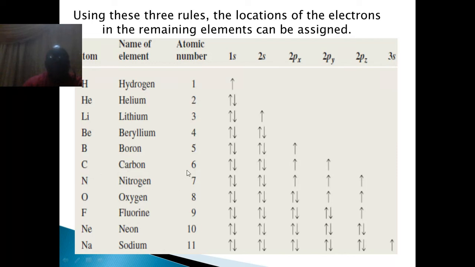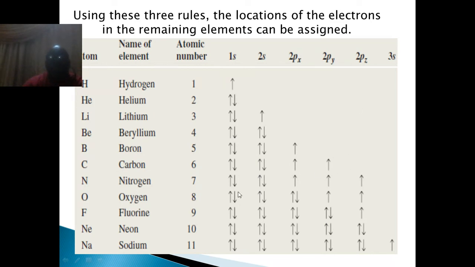Carbon, which has 6 electrons, the electron configuration goes as 1s2, 2s2, 2p2. But since you have 3 p orbitals, these 2 electrons go to 2px and 2py. But if you want to write the electron configuration, we say 2p2. But we know that they go into different orbitals in 2p.